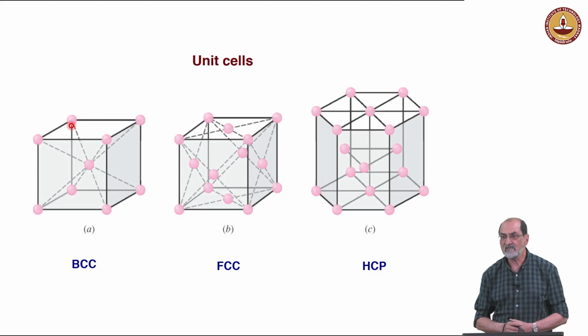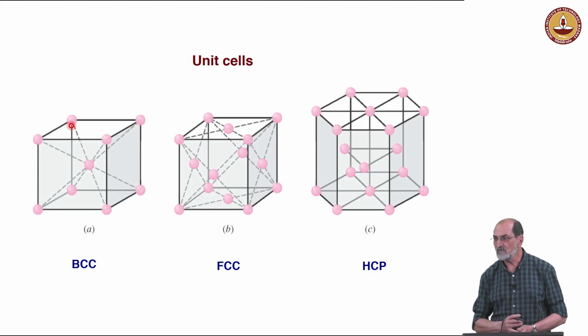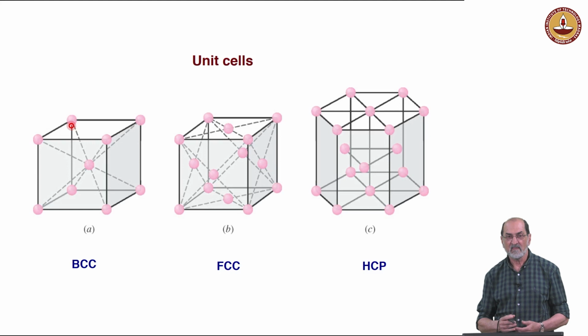Well, the problem with the FCC is that the primitive cell is very complicated. No one understands what's going on if I show you the primitive cell corresponding to the FCC. It's a weird shape connecting some atoms, and it's very complicated to see. So instead of that, people define unit cells, also called conventional cells.